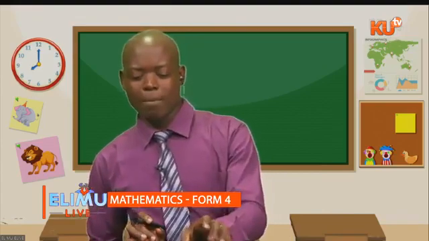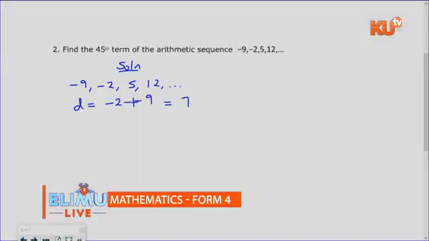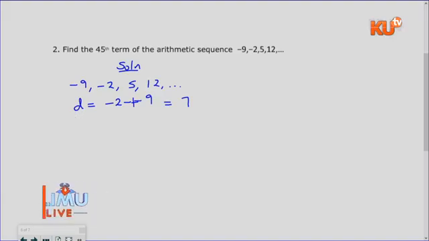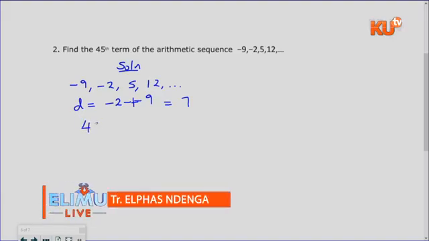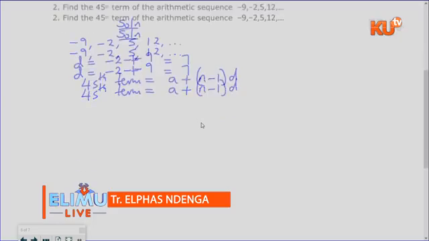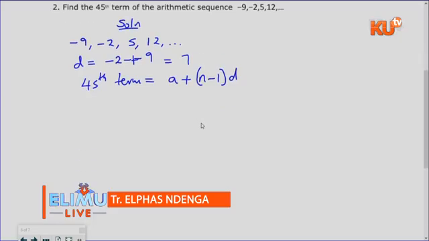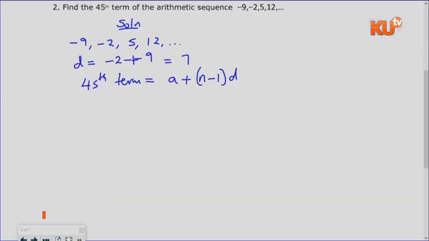A is -9. So let's replace them in our formula and substitute this. We'll then say our 45th term will be given by the formula A plus N minus 1 times the common difference D. So you replace in A, which is now -9.